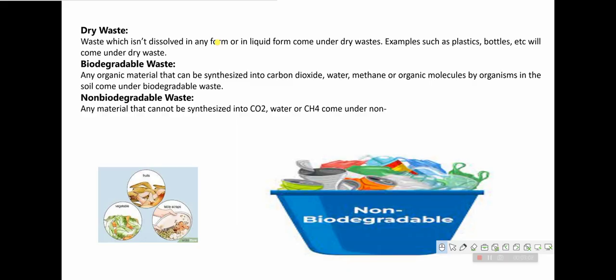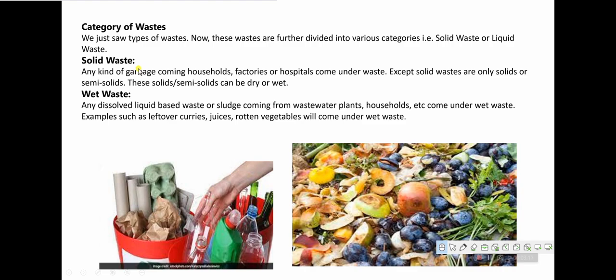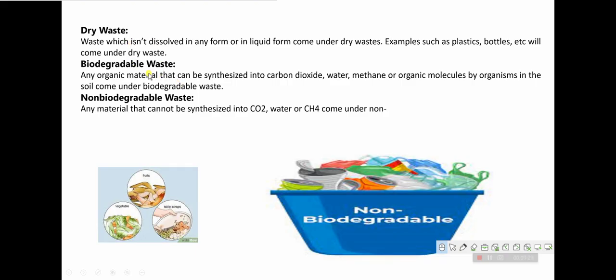Now coming to biodegradable waste and non-biodegradable waste. So we studied solid waste first, then liquid waste, and now dry waste. What are biodegradable and non-biodegradable waste? Biodegradable waste is organic material that can be synthesized into carbon dioxide, water, methane or organic molecules by organisms in the soil.